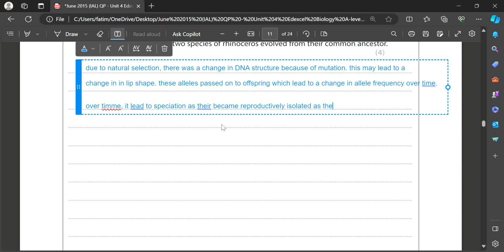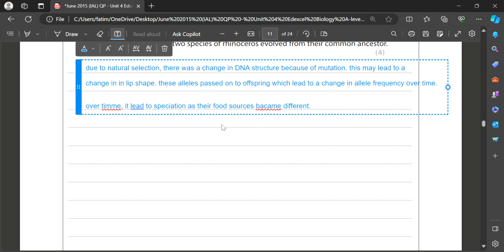I'll say that their food sources became different. Now, why would their food sources become different? Because you see, there's a change in their color. Because of that change in color, I would say that they prey on different materials.